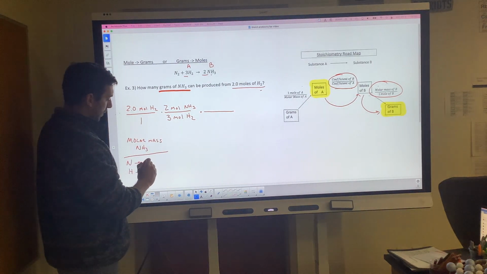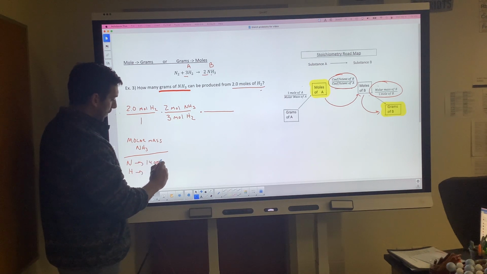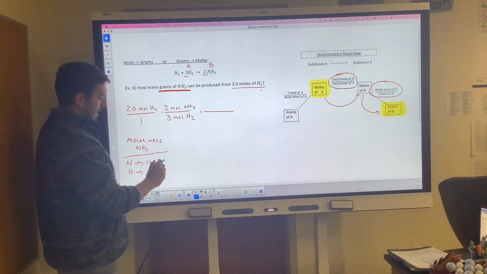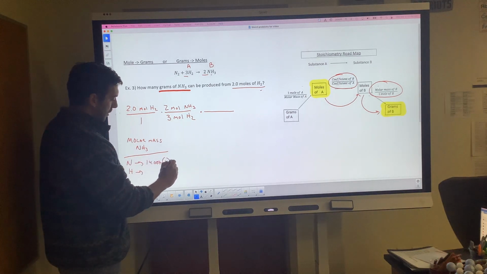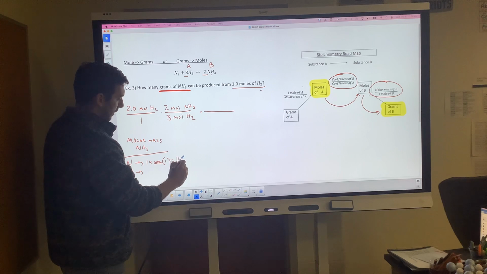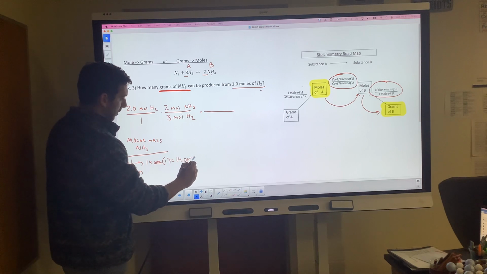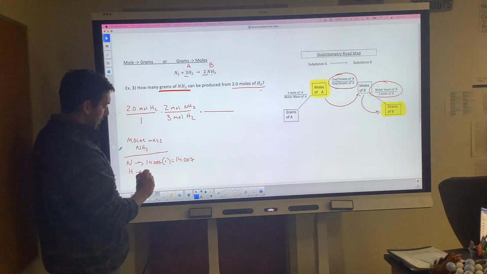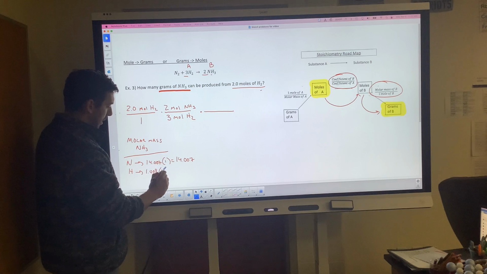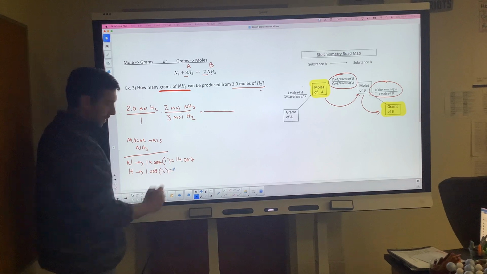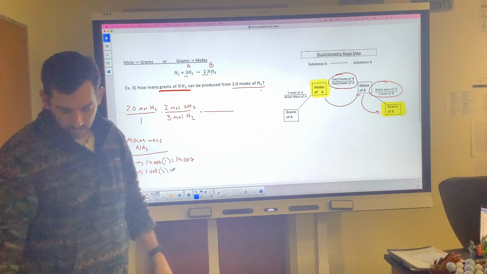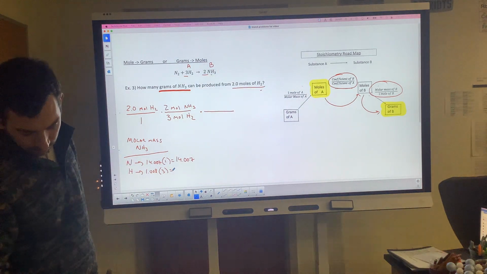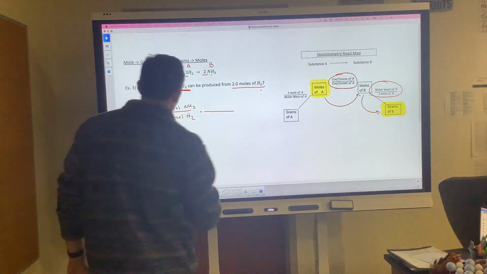So for instance, if we use the periodic table to find nitrogen, its molar mass is 14.007, and there's only 1 nitrogen, so if I multiply those together, I would still just have 14.007. Then I do the same thing with hydrogen. Its molar mass is 1.008. I'd multiply that by 3, and that should give you 3.024.